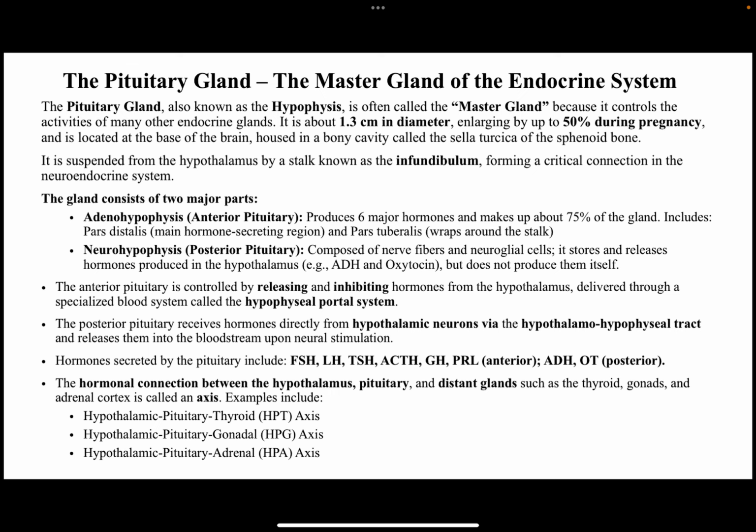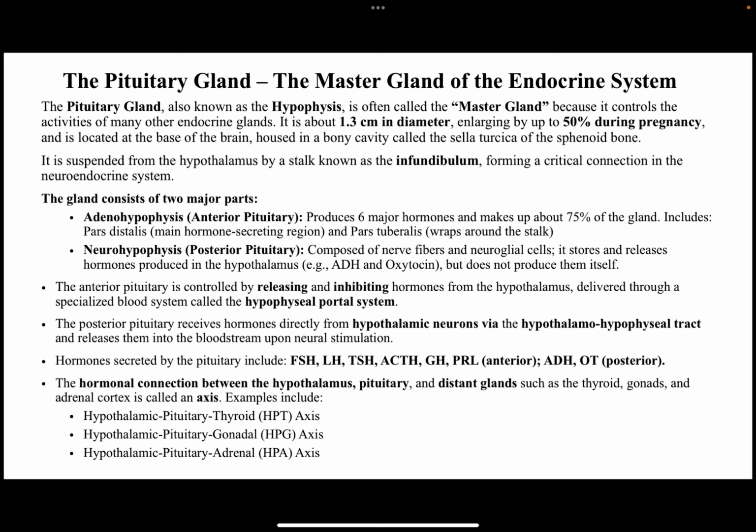In terms of size, the pituitary gland is about 1.3 centimeters in diameter. The length is about 5 to 9 millimeters, but it can vary with age, with sex, and with the individual's hormonal status.